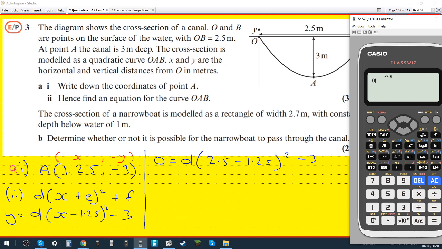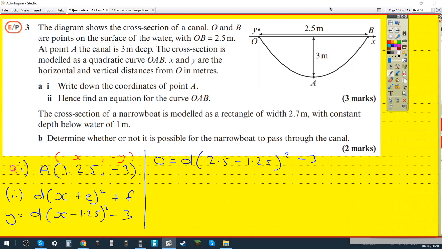Okay. And I have to use x instead of d. Do you remember how to solve it using the calculator?